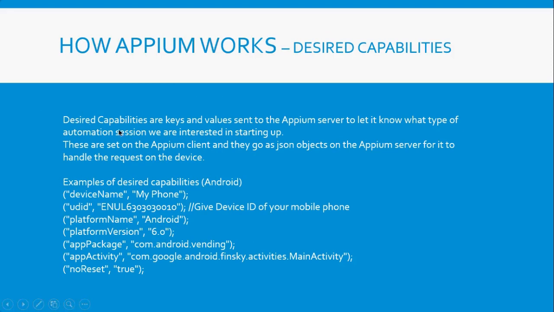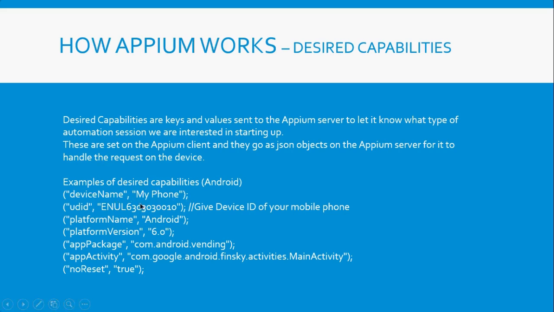So Appium works on the back of desired capabilities. Desired capabilities are keys and values sent to the Appium server to let it know what type of automation session we are interested in starting up.